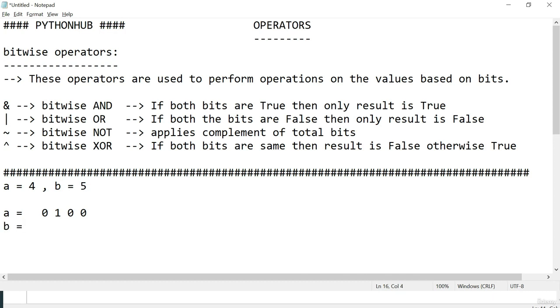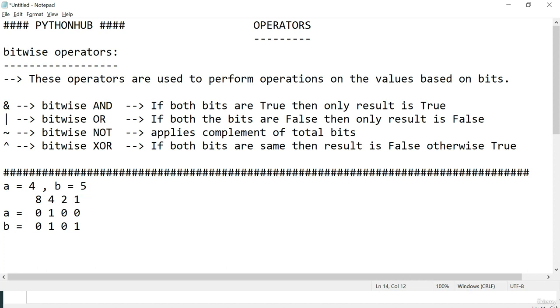Now let me denote b, which is 5, in binary format: 0101. Here 2 power 0 is 1, 2 power 1 is 2, 2 power 2 is 4, and 2 power 3 is 8. So it is 0100 for a and 0101 for b.